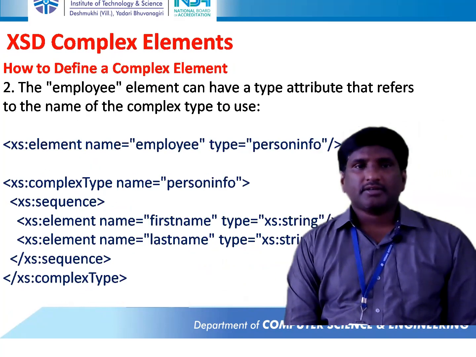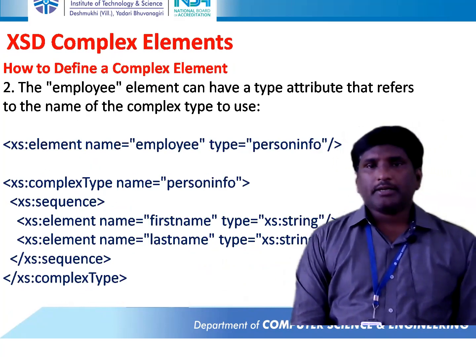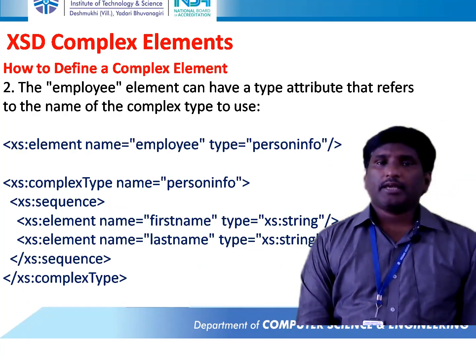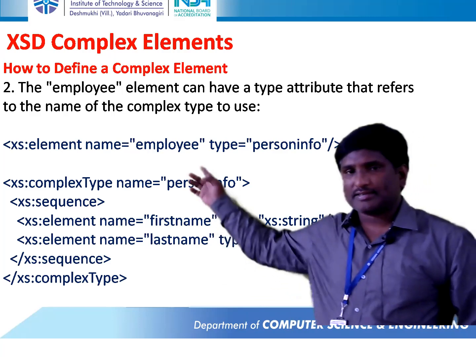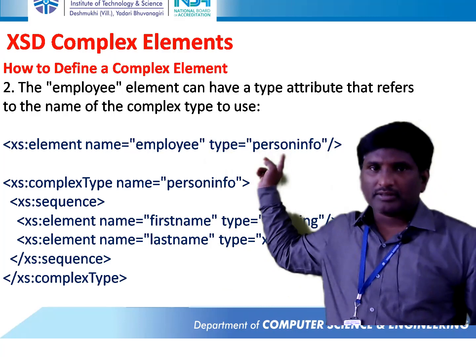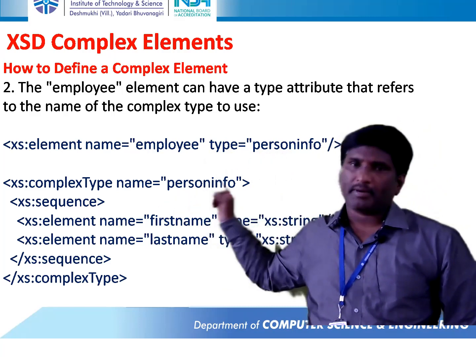Next, the second way of defining: the type attribute refers to the name of the complex type. See here, the element employee has an extra type attribute which refers to personinfo, which we are using as a complex type, with name equal to personinfo.